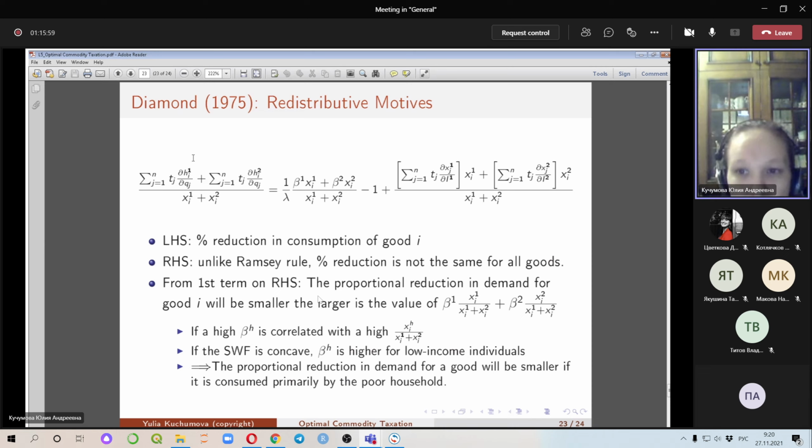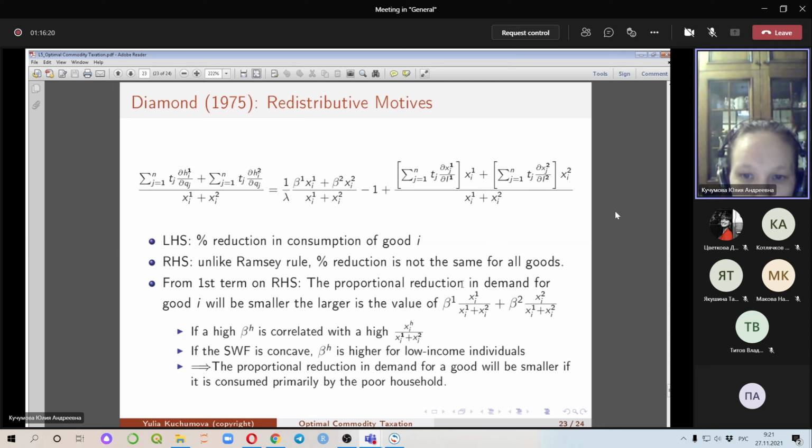Okay. So we are looking at the first term on the right hand side, and this third bullet.